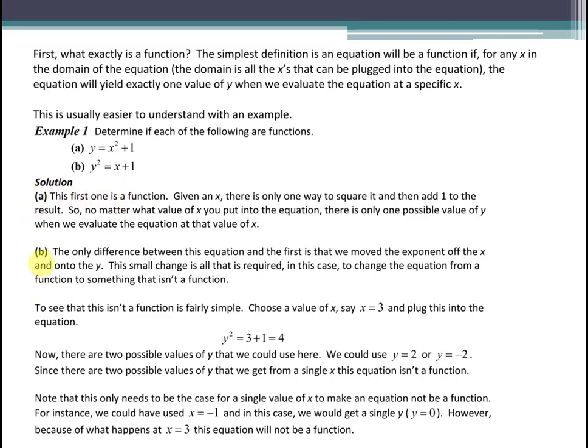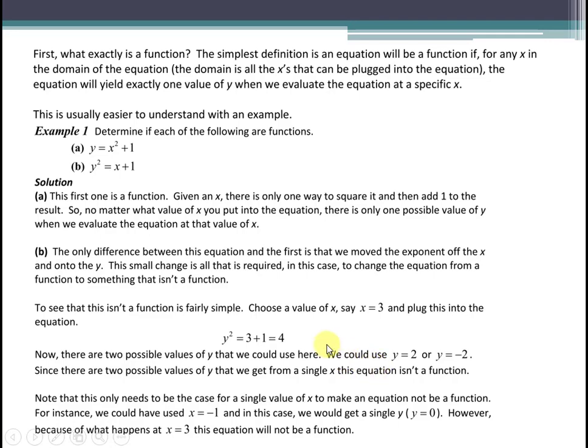Why? Because to see that this is not a function is fairly simple. Choose a value of x, any value. For example, x is 3, and plug this into the equation. So what we have, y squared is equal to 3 plus 1. It's equal to 4. Now, there are two possible values of y.